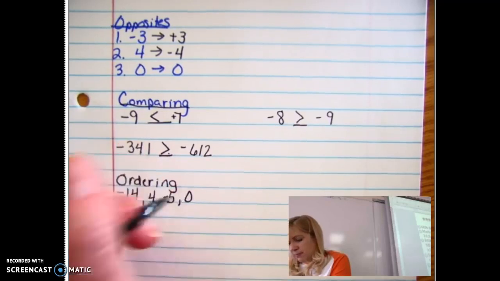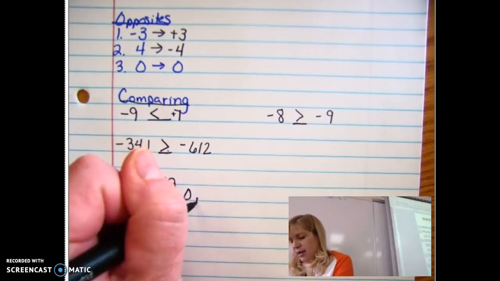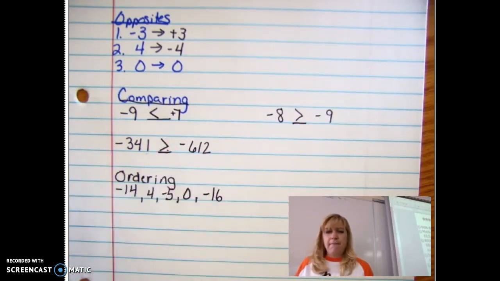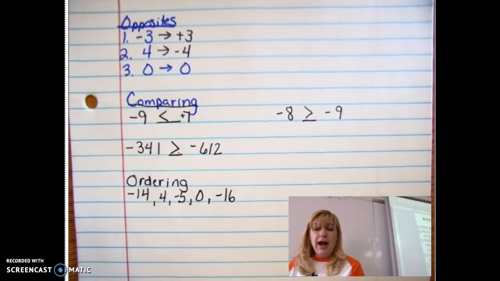They shoot a 0, which is par, and they shoot a negative 16. So we're going to put these golf scores in order. The first thing I'm going to do is say, okay, I want to be the one who has the most under par, the most to the left.